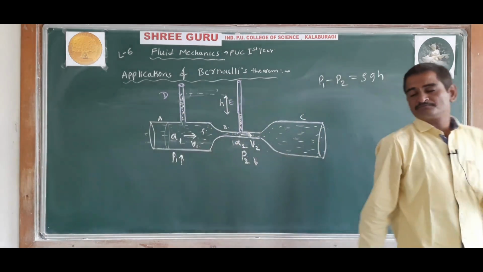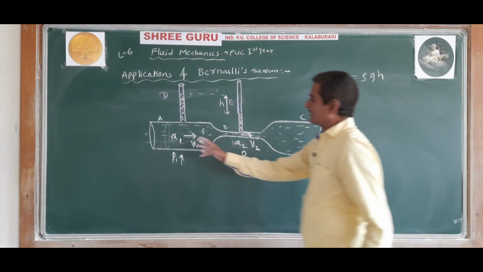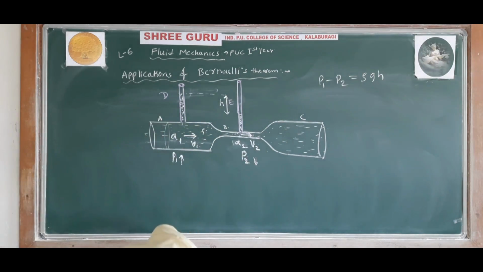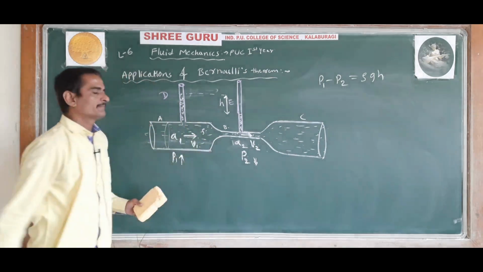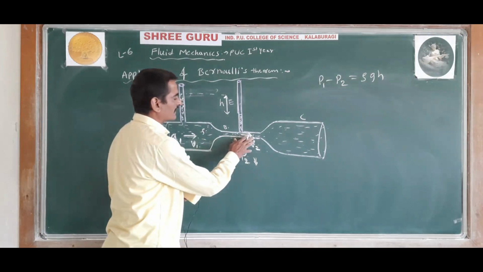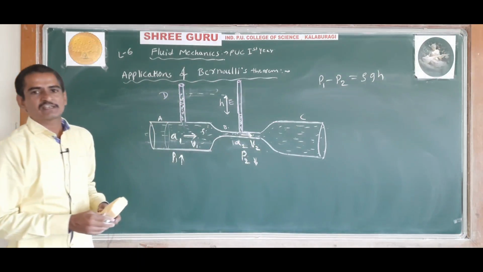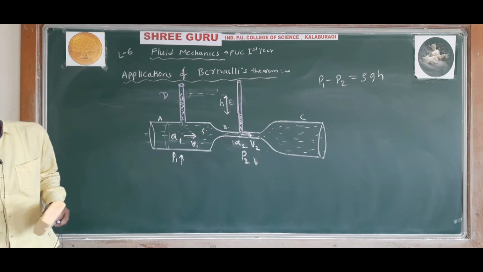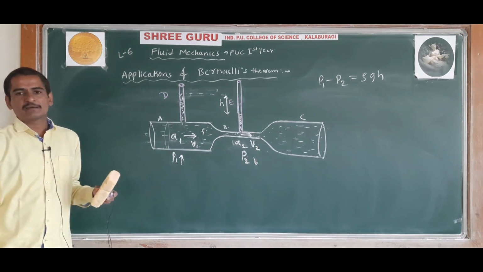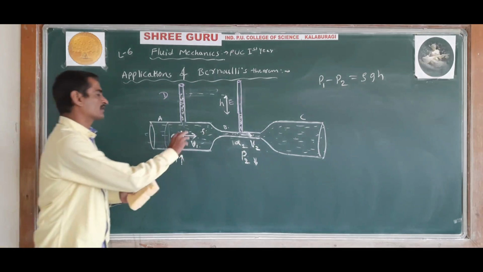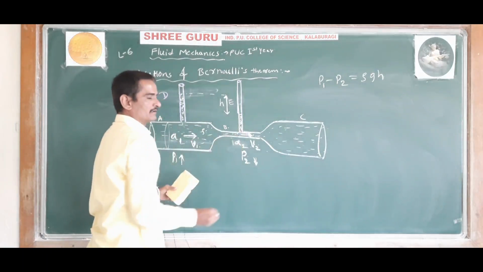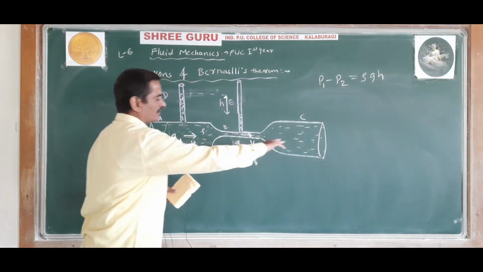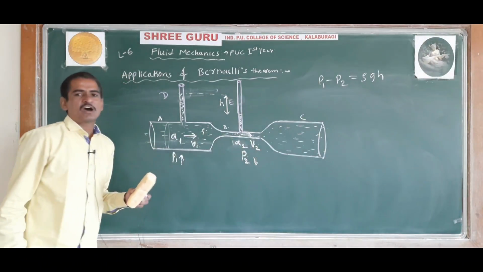Understood? So now when the liquid flows in these tubes, the velocity of the liquid will be more here and less here. Now apply Bernoulli's principle here and here. Let us take these as the same horizontal height.